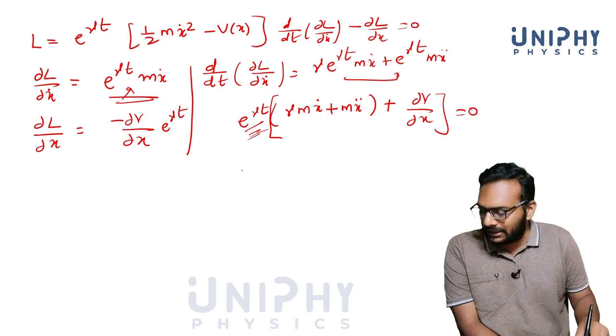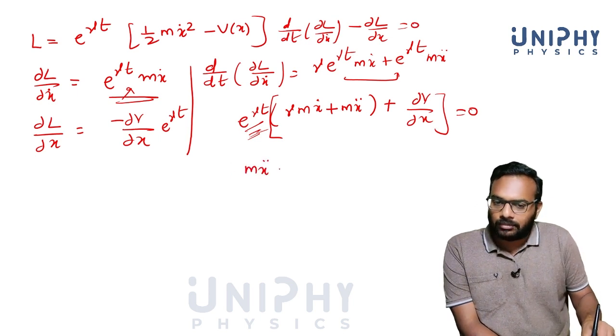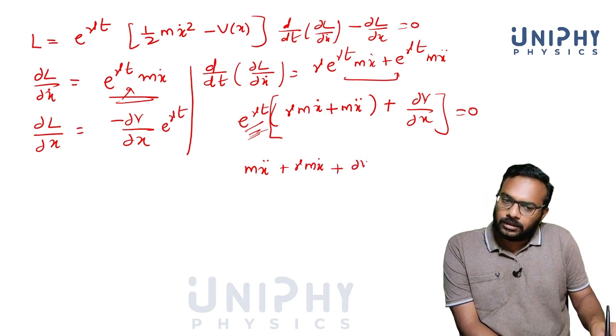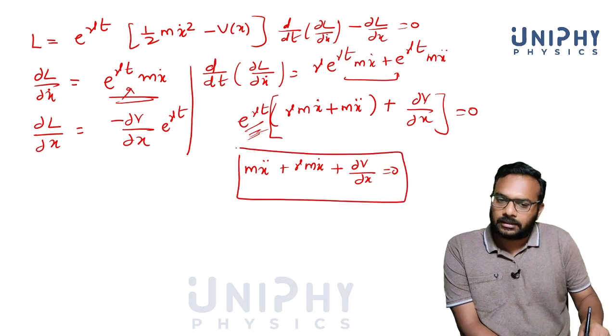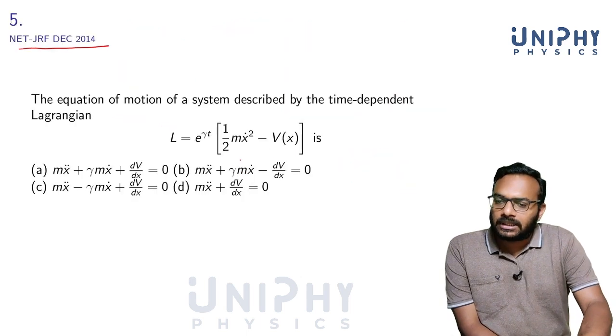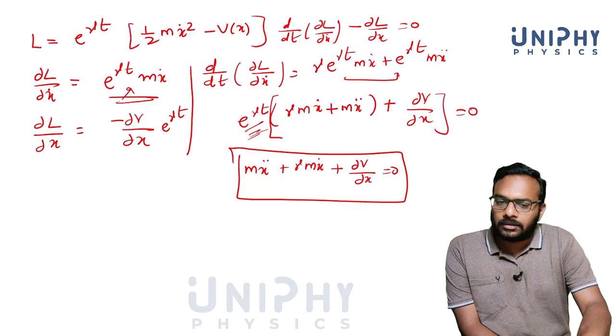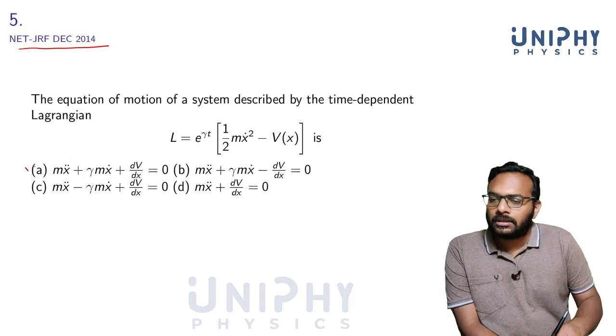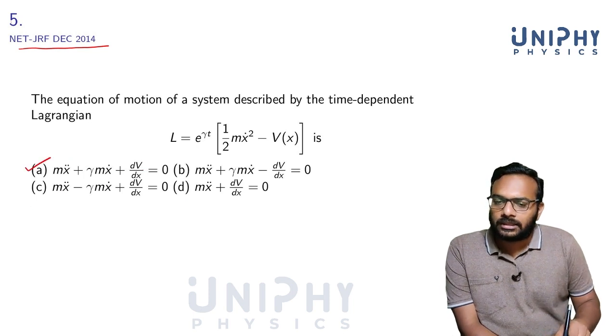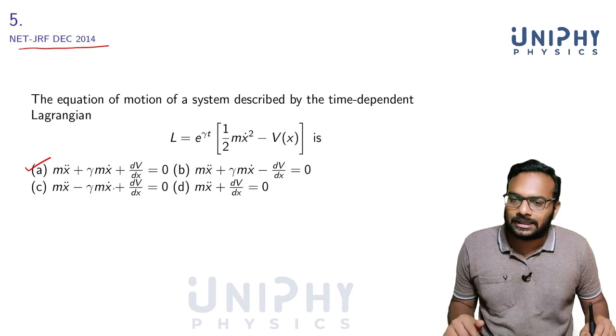So the final answer becomes m x double dot plus gamma m x dot plus dou V by dou x equal to 0. That's the answer. Do we have that answer here? Yes, that's right. That's option A, I think. That's correct.